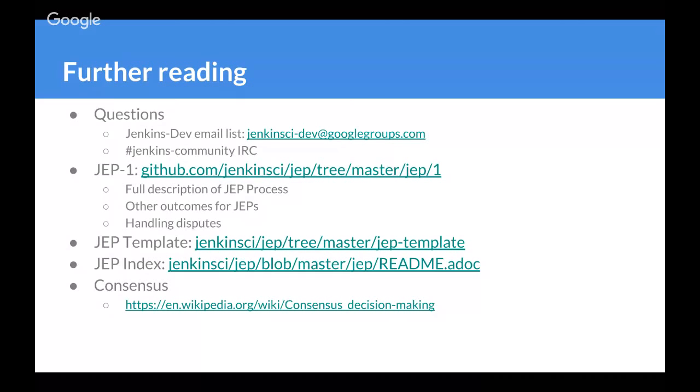Large portions of it won't apply to most people, but having an awareness of what the overall structure is is worth it. And there's a template that you can use to create your JEPs, and the JEP index, which gives you a list of the current JEPs in their state. And finally, Wikipedia, of course, is always good for getting a lot of information.